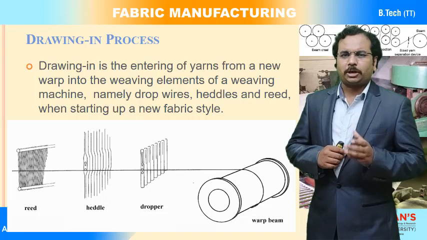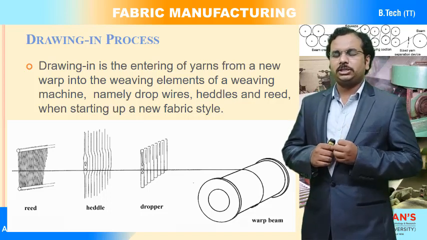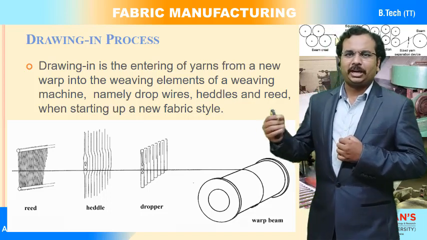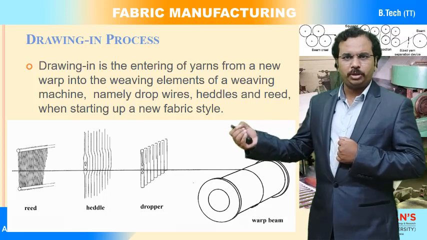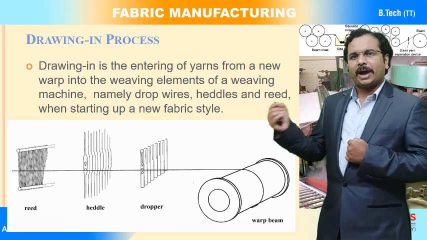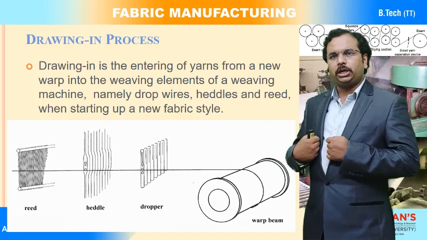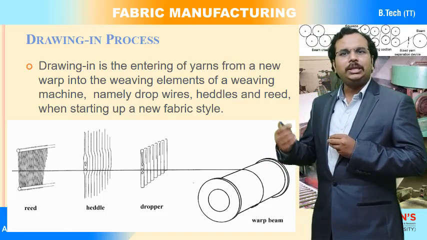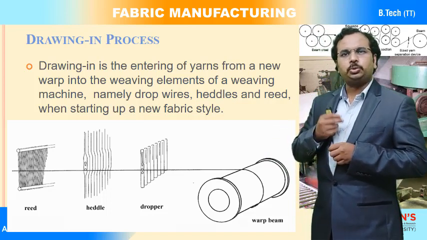In the drawing process, we take the warp thread from the warp beam or weaver's beam, and pass it through the drop wires, the heddle wires and the reed.